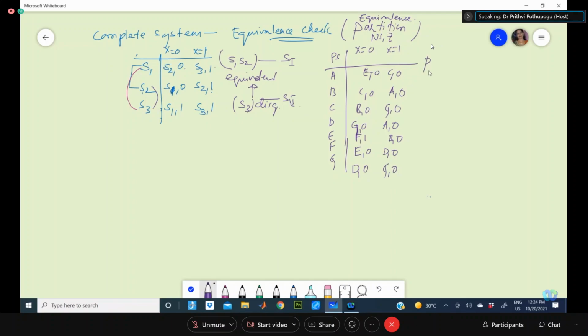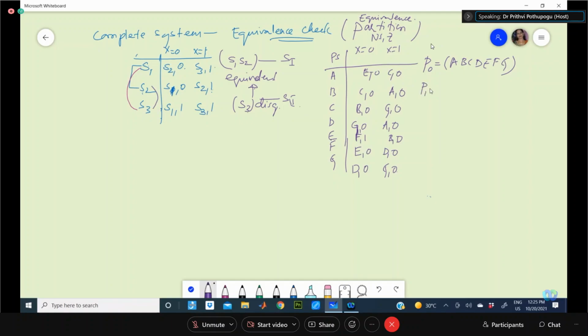Now, what is this equivalence partition? Before partitioning, we take all the states together. Now what we have to see is, we need to group the states which are giving the same output. See here, except E, every other state is giving the same output.